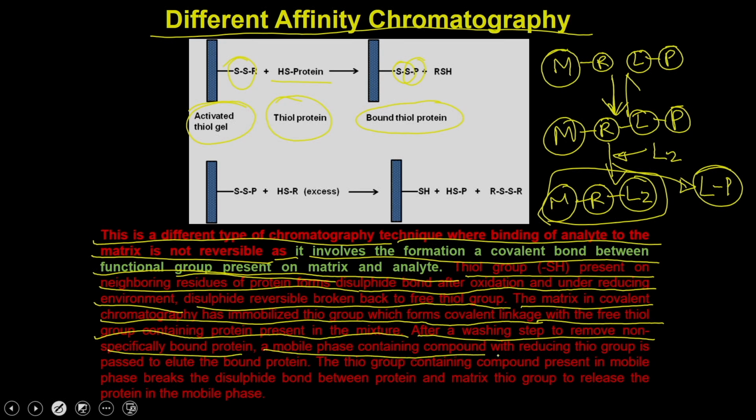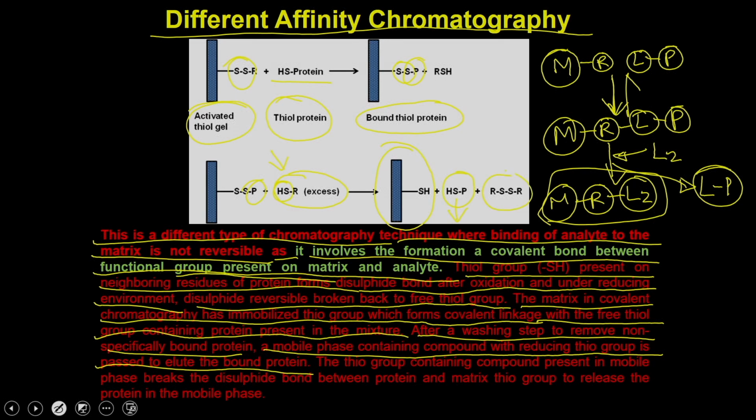A mobile phase containing a compound with a reducing thiol group is passed to elute the bound protein. So first you do the washing step, and then you add an excess amount of the thiol group. This thiol-containing chemical agent is going to replace the protein, generating the matrix containing the activated thiol, and the protein is going to be released from the matrix.